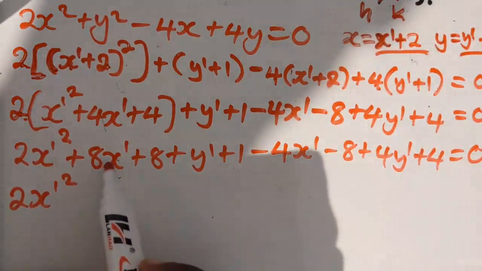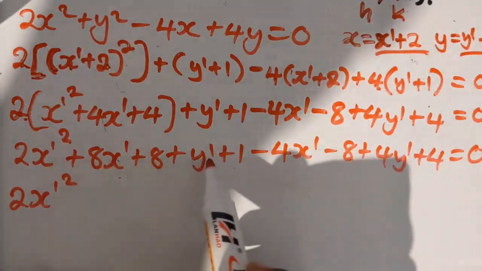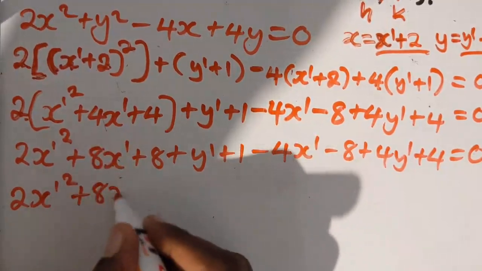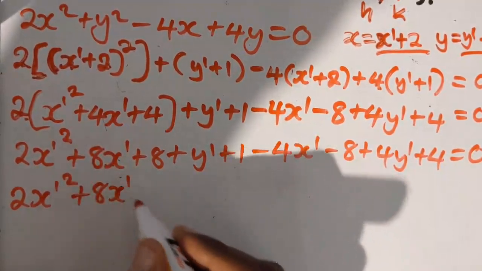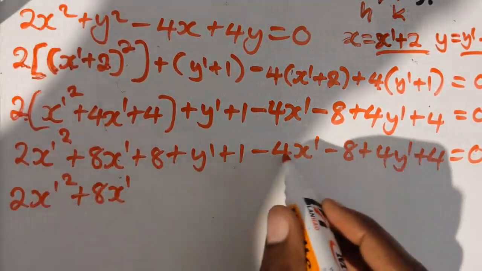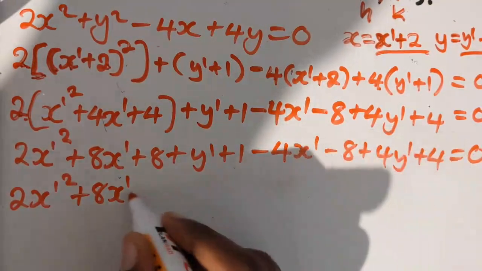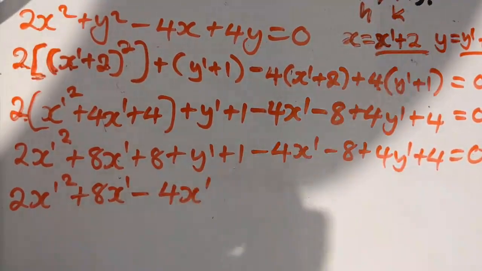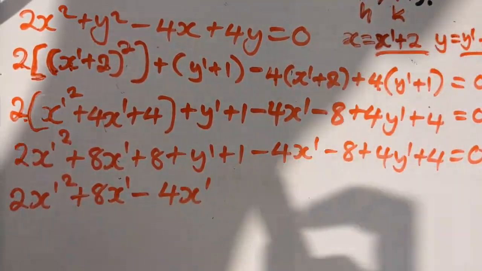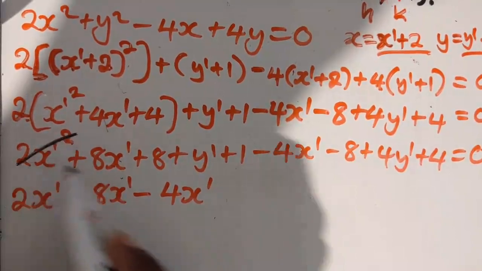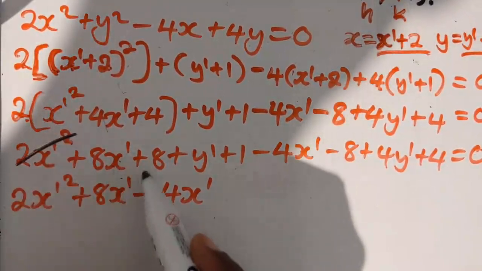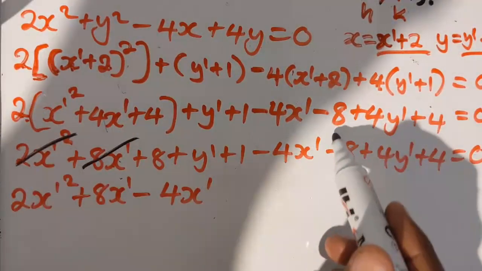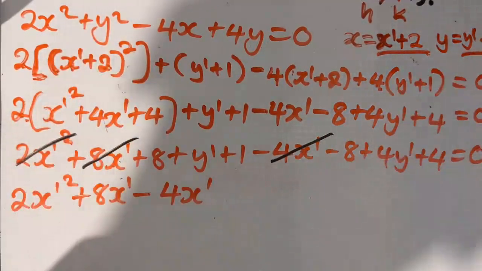There is this one, so we are going to get positive 8x prime. Then do we have any other with x prime? Yes, we have this one. So that's negative 4x prime. So meaning from there we have gotten this one, we have also gotten this one, and we have gotten that one there.